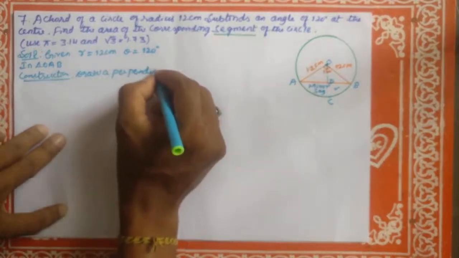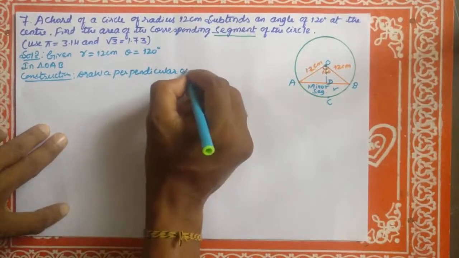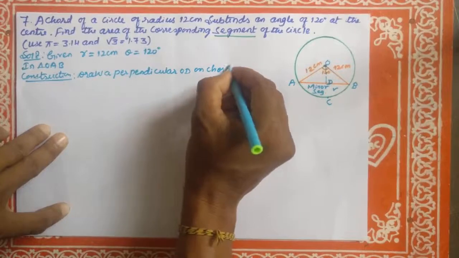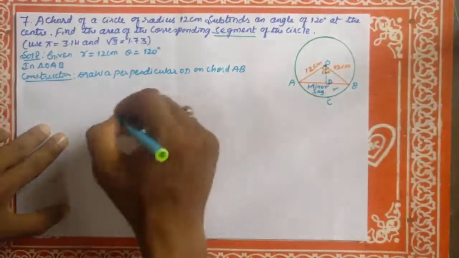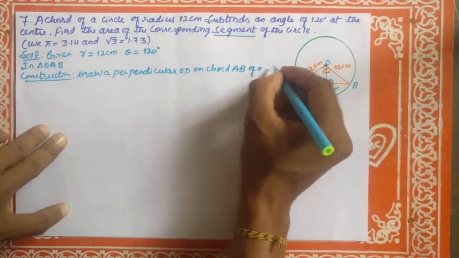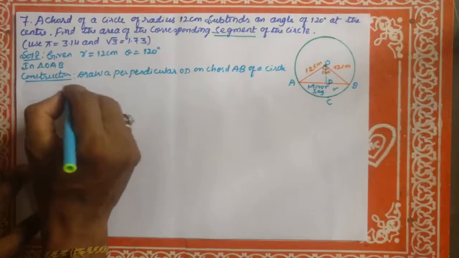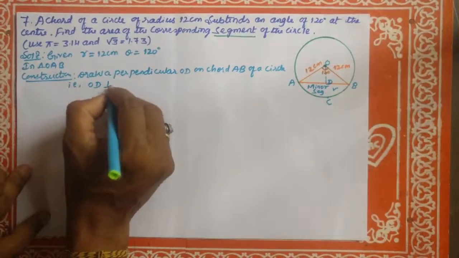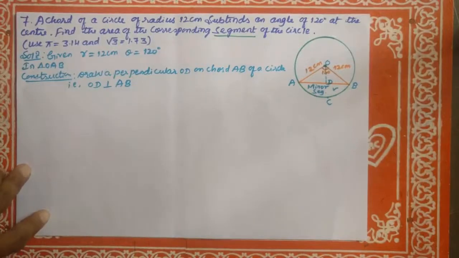Draw a perpendicular OD on chord AB of a circle, that is OD perpendicular AB.